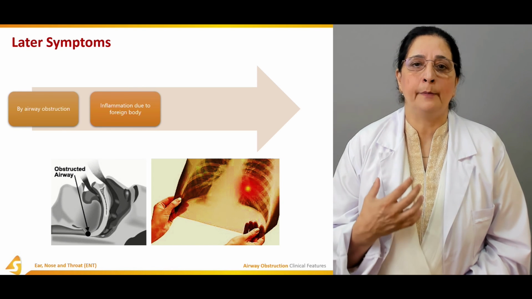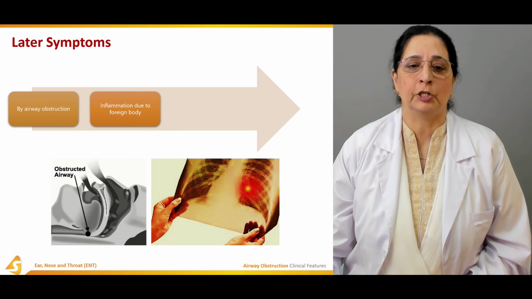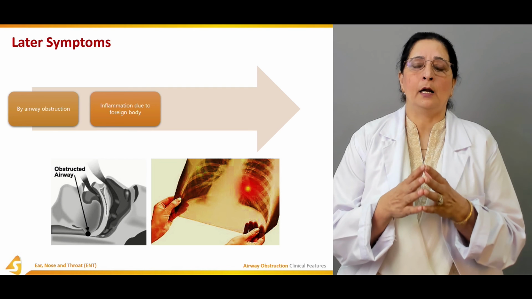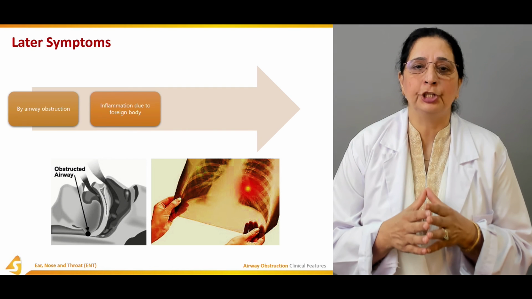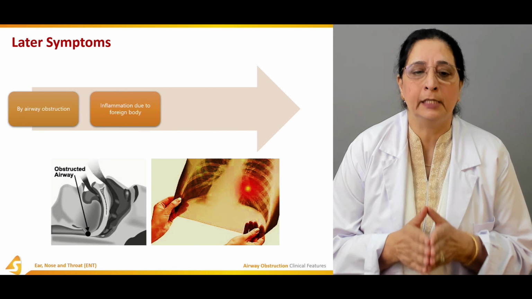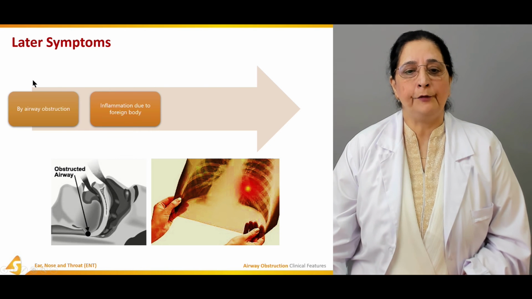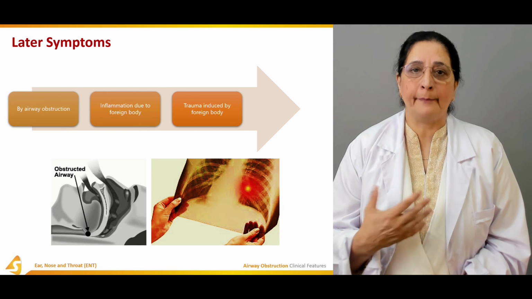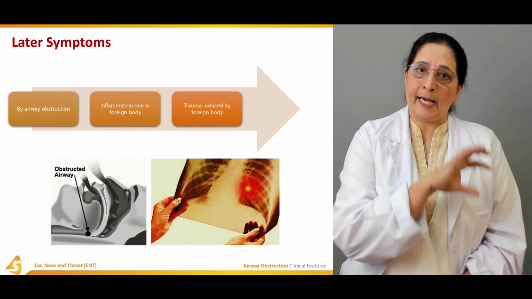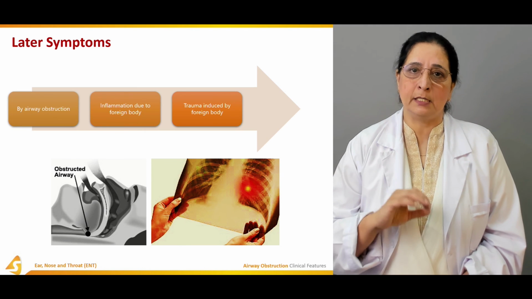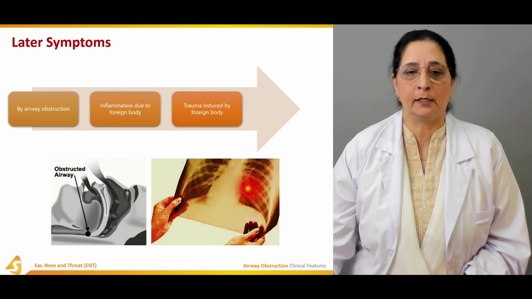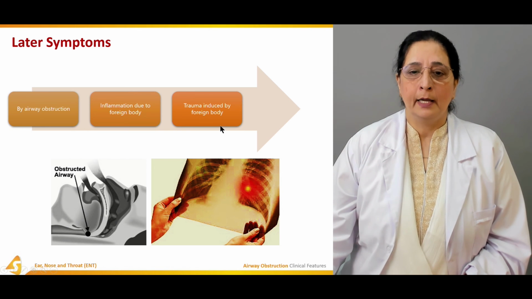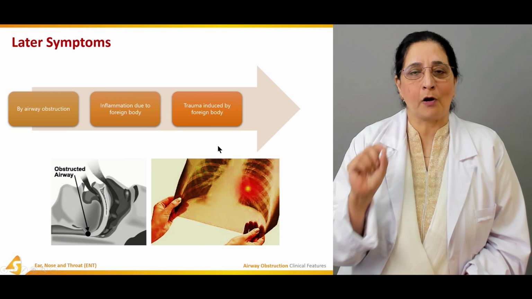The symptoms produced are mainly by the airway obstruction. So the late symptoms produced by the foreign body are mainly by the obstruction of the airway caused by the foreign body. There is inflammation due to the foreign body. It takes time for the inflammatory reaction to occur. That's why we have the symptomless phase. Now the inflammatory reaction occurs, and there is also trauma induced by the presence of the foreign body.